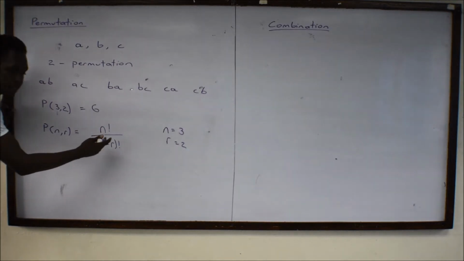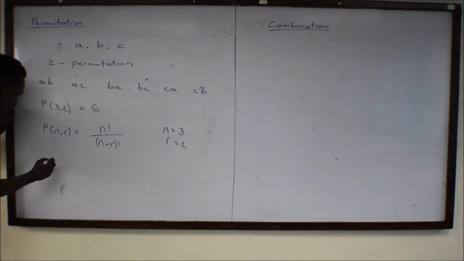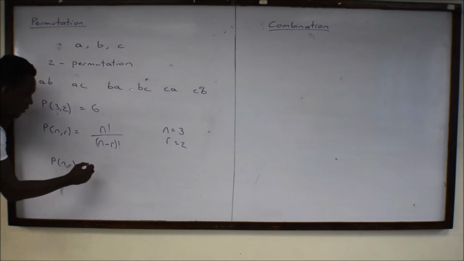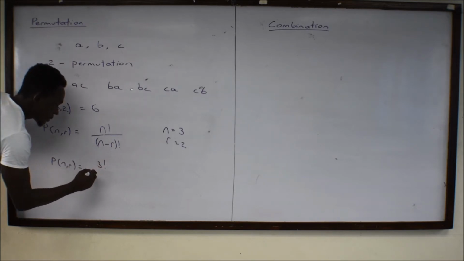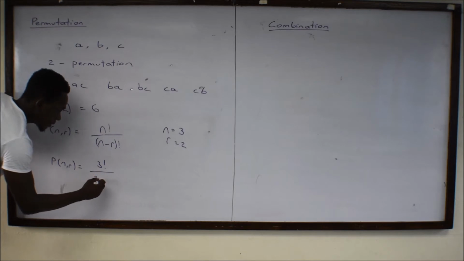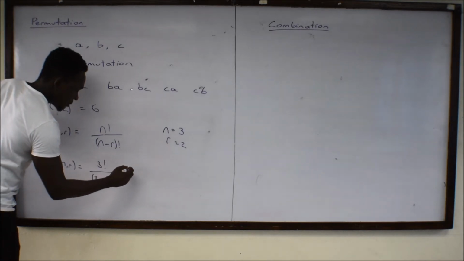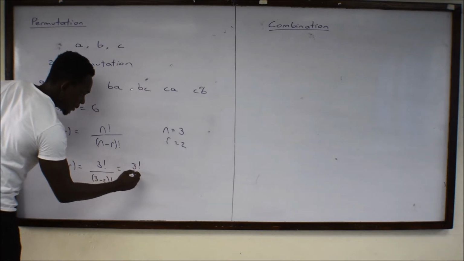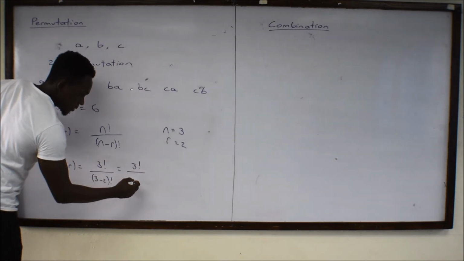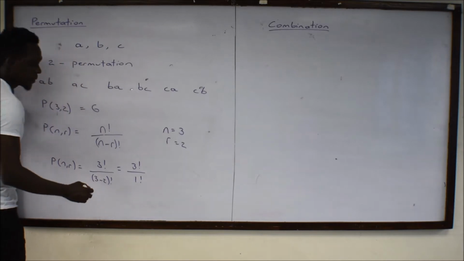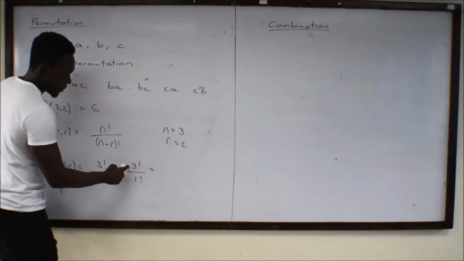So using this formula here, we have 3 factorial divided by 3 minus 2 factorial. That's 3 factorial divided by 1 factorial.